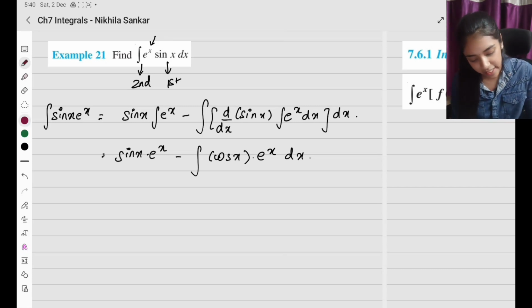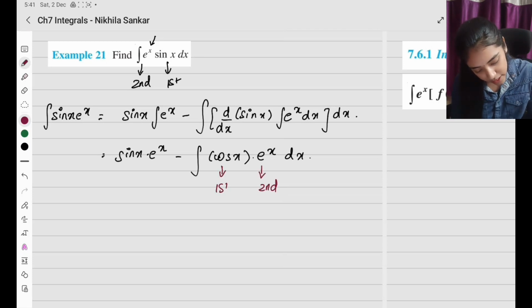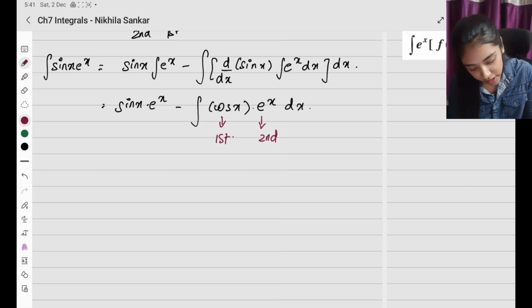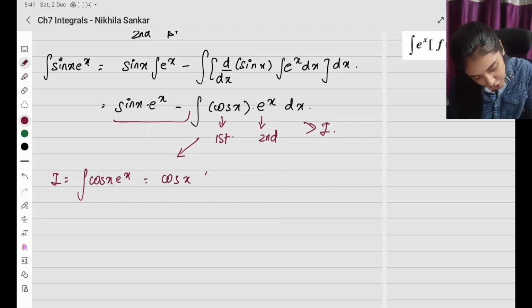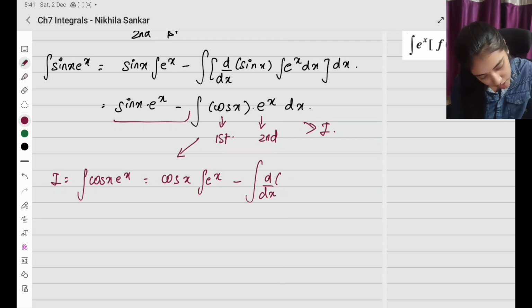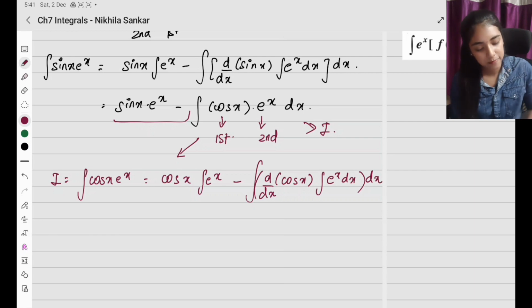What do I see here? I again see that there is a product. So the exponential function is given the second preference and this is my first preference. So when I solve this particular integral, let it be I. I have integral of cos x e to the x, which is first function times integral of second minus integral of d by dx of first function times integral of second, times dx.